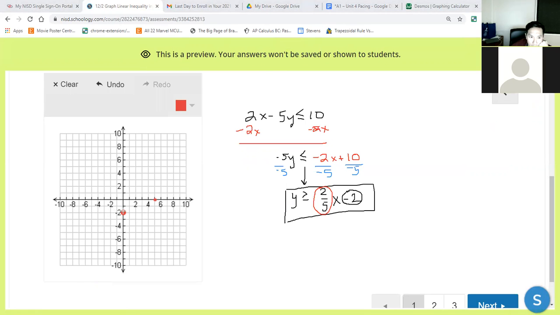So again, you see here, I'm going to go up 2, right? So negative 1, 0, and then go to the right 5. So 1, 2, 3, 4, 5. There you go, following my slope. From there, I'm going to draw my line.